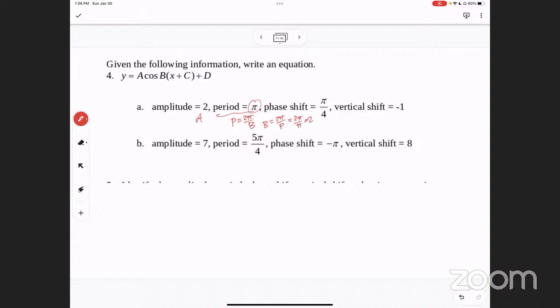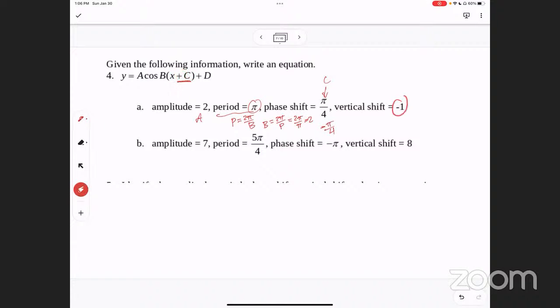You got it? Your phase shift is just your C. Oh, well, they do plus C, so never mind. If you want to shift it right pi over 4, we should write our C as negative pi over 4. Sometimes people write a plus in here, sometimes a minus.